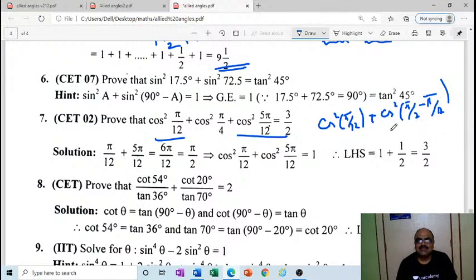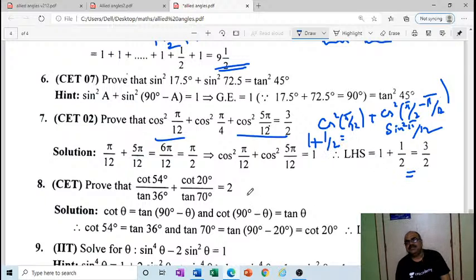And this becomes sine square pi by 12, so this plus this is 1, plus cos square pi by 4, 1 by 2. 1 by root 2 whole square is 1 by 2. 1 plus 1 by 2 is 3 by 2.